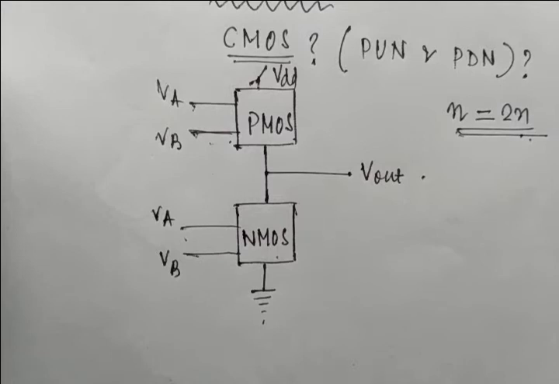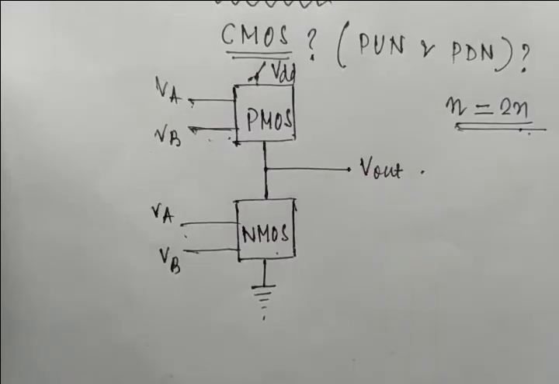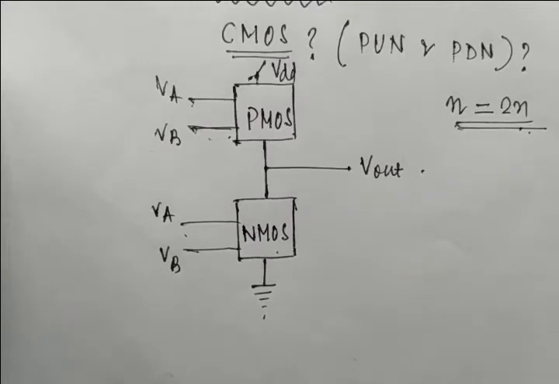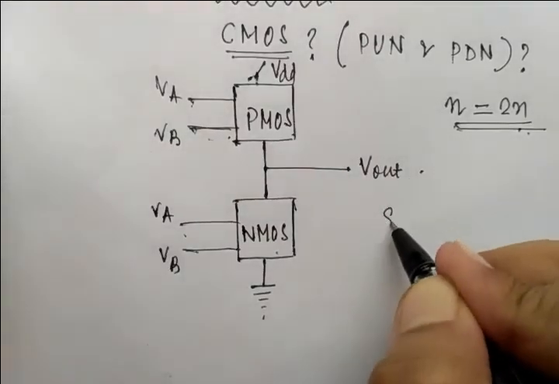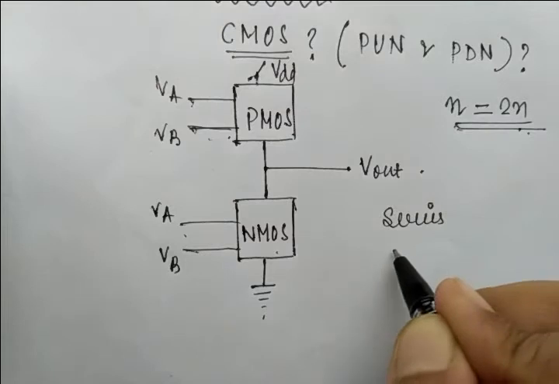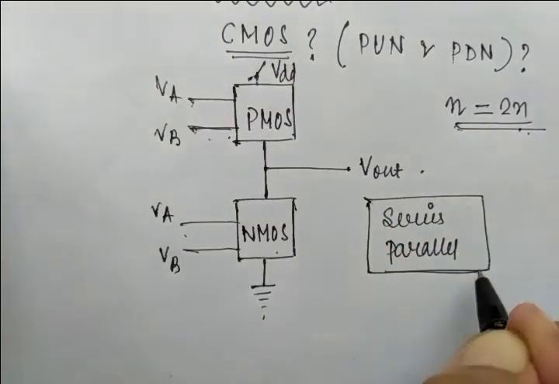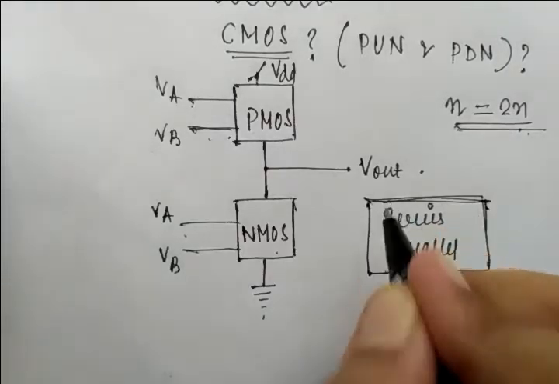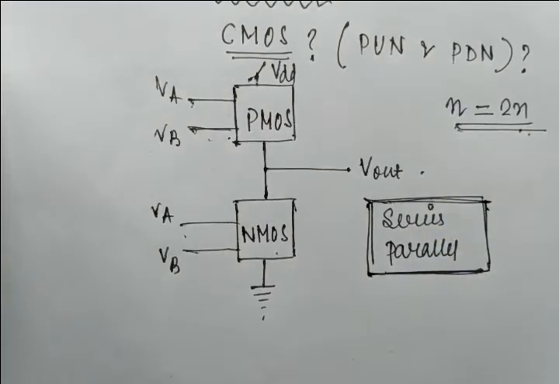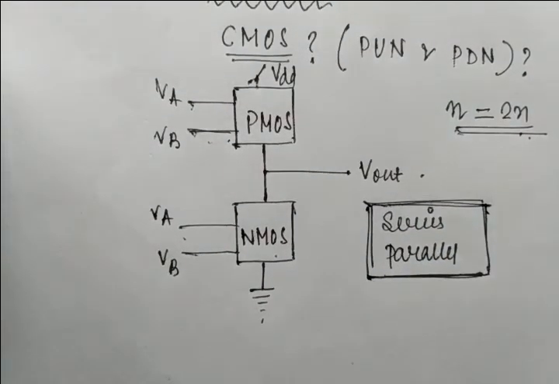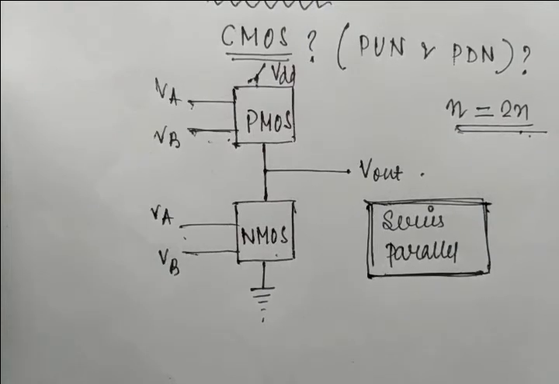But how are they connected? What will be their internal connection? I must say there are two types of connection. One is series connection and one is parallel connection. This is a very basic important point for connecting the PMOS and NMOS in any design, for digital and analog circuits.